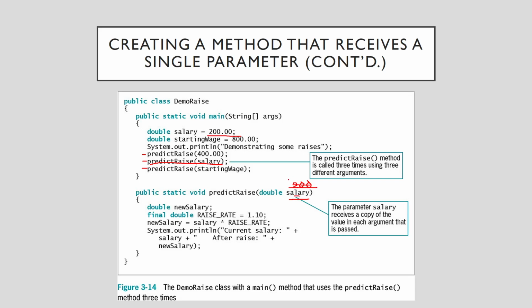So first is 400, next is 200.00, and the third method call passes the argument value of starting wage, which is 800.00. So there are 3 different values being passed in each method call.